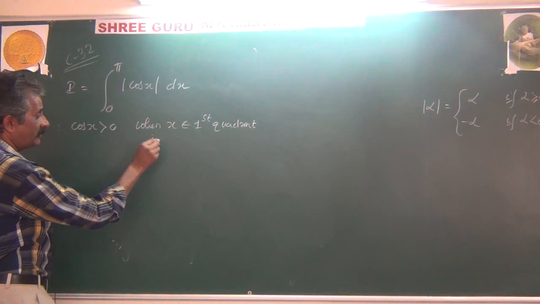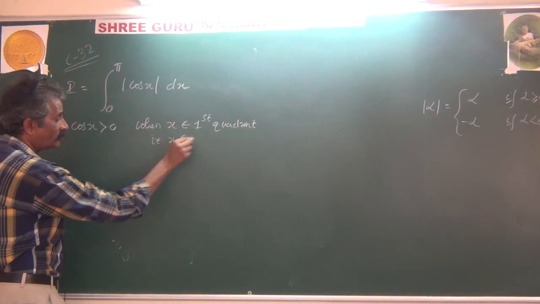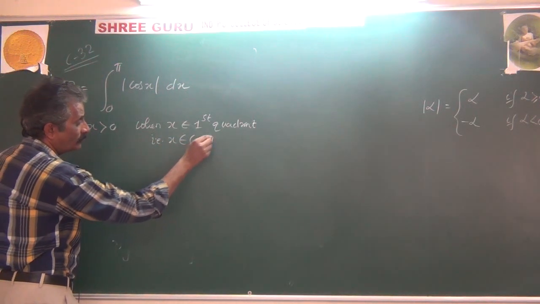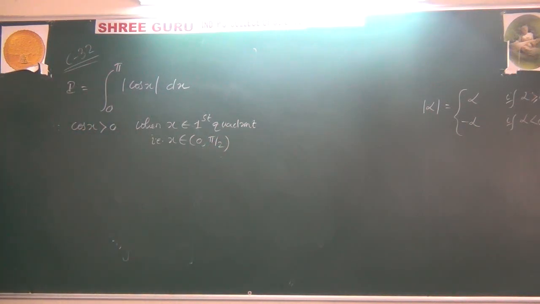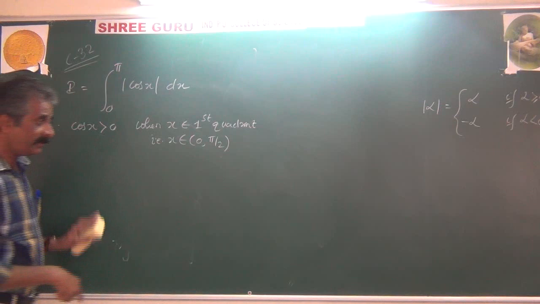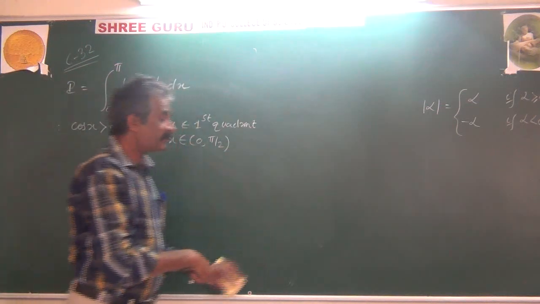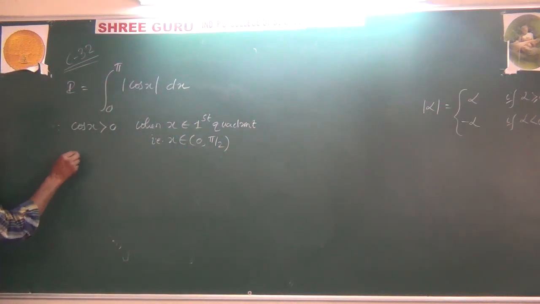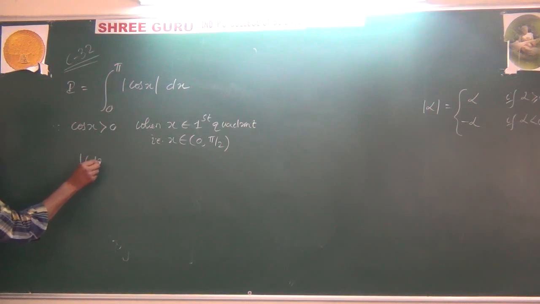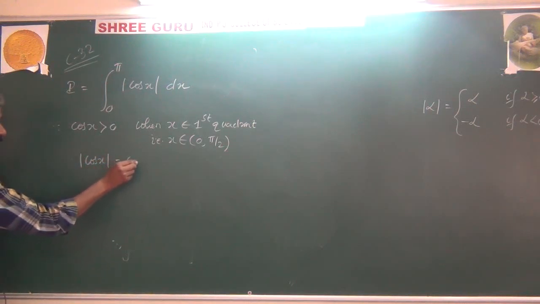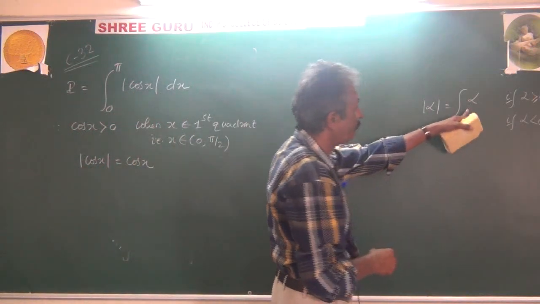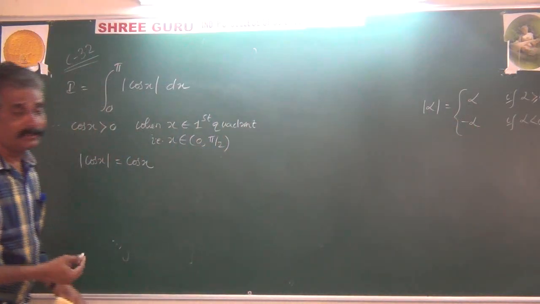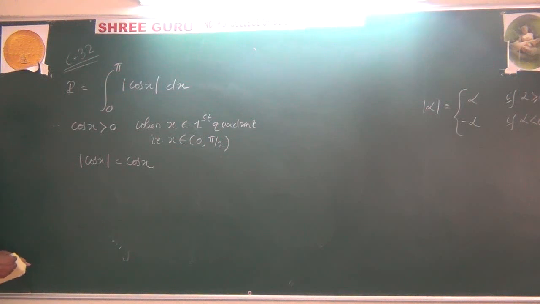That is, x belongs to 0 to pi by 2. And under this range, what is mod of cos x? Therefore, mod of cos x will be plus cos x, because mod alpha is plus alpha whenever alpha is positive. Then alpha means cos x.